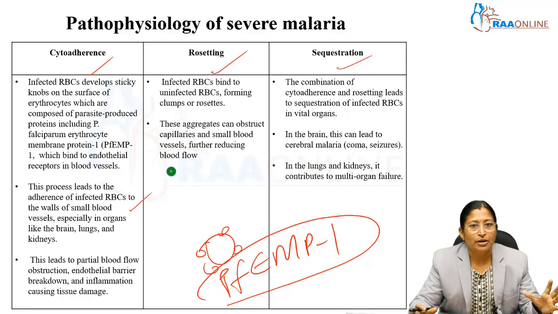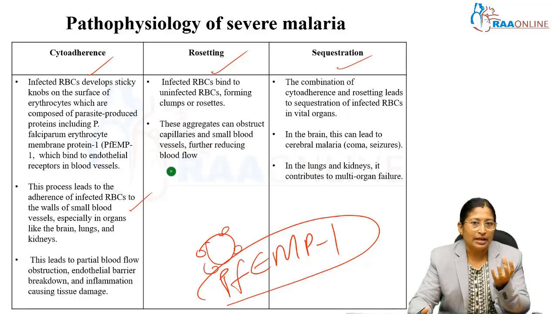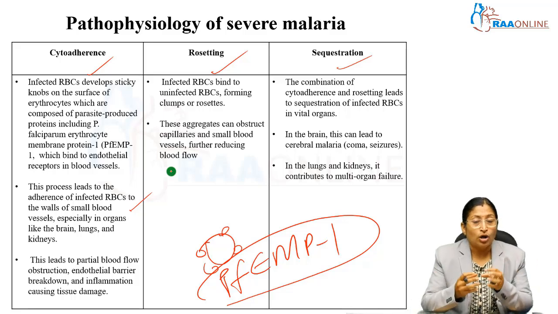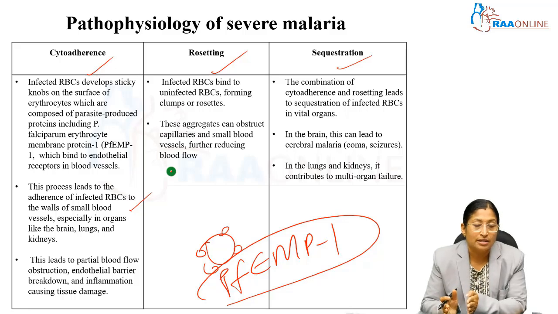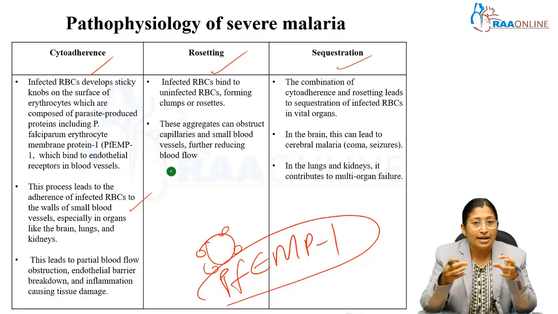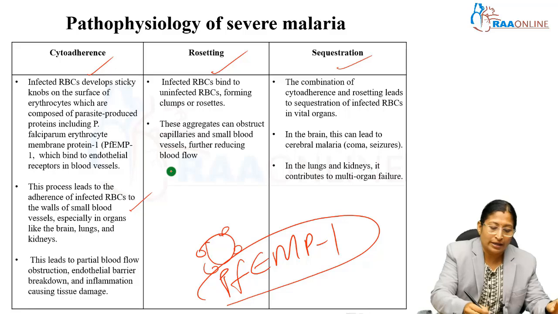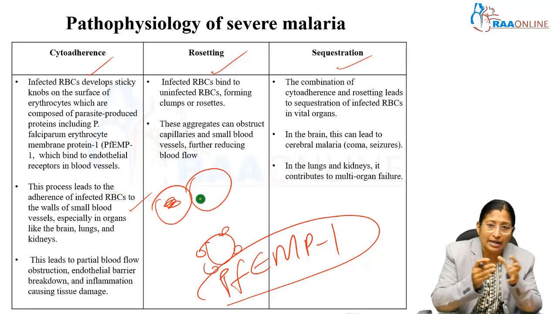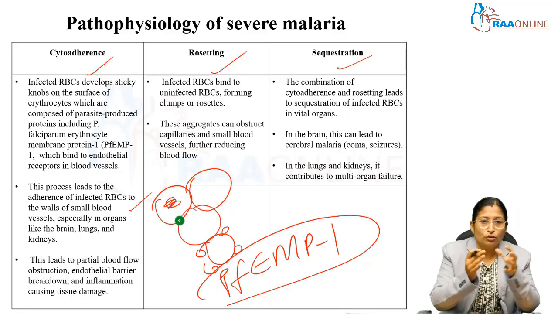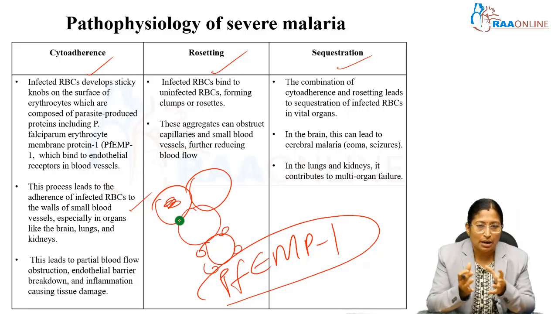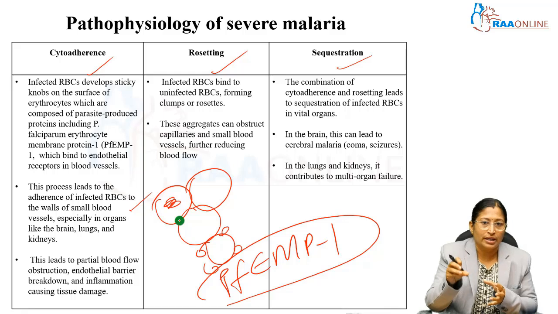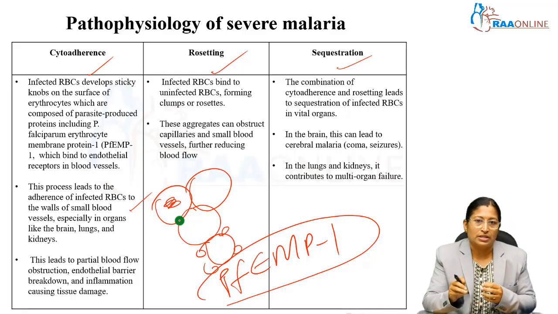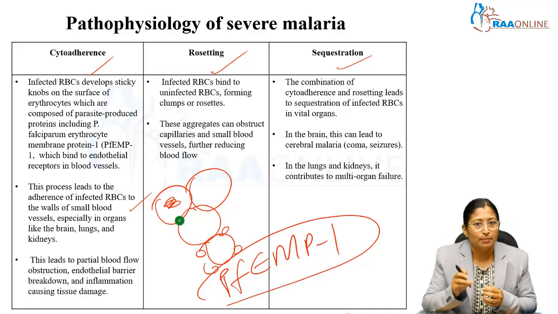And what do you understand by rosetting? The infected RBCs adhere not only to the endothelial cells, they also adhere to the uninfected RBCs, to form rosettes or clumps. These again can aggregate and obstruct the smaller blood vessels, causing reduction in the blood flow.